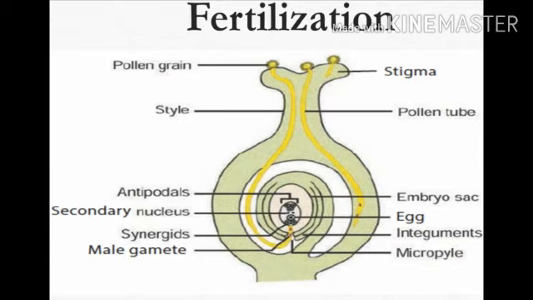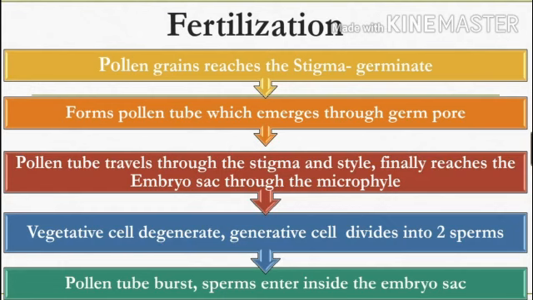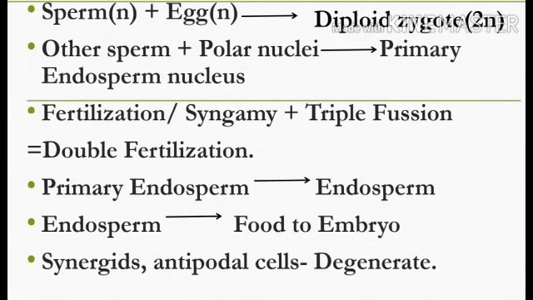We also studied that the pollen grain contains the vegetative cell and the generative cell. Here the vegetative cell will start to degenerate, and the generative cell will divide into two sperms. When this pollen tube reaches the embryo sac, the pollen tube will burst, and the sperms which are present inside will enter into the embryo sac.